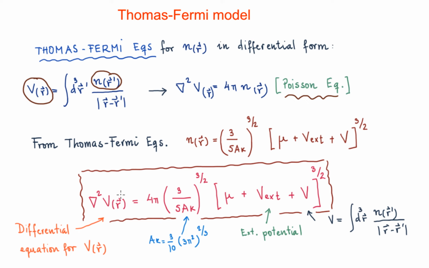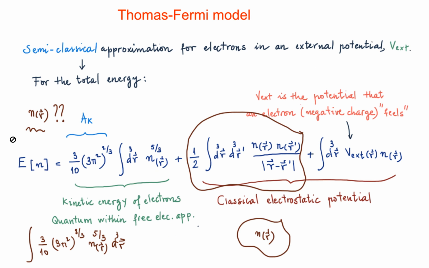So once we are solving that equation for the induced potential, then we can go to the Poisson equation and have a solution for the induced electronic density. And once we have the electronic density, then we could go back to the expression we have for the total energy of the system, and we can get the total energy of the system we are analyzing, which are electrons immersed in this external potential.